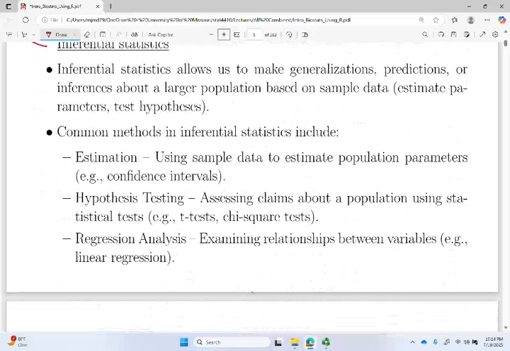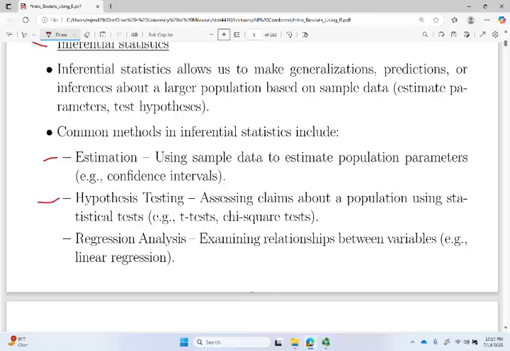So we'll estimate population parameters. We use confidence intervals for this. If we want to estimate the population mean, we can create a confidence interval, which is a range of values that we think that population parameter might fall in.